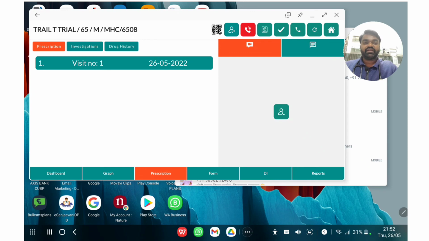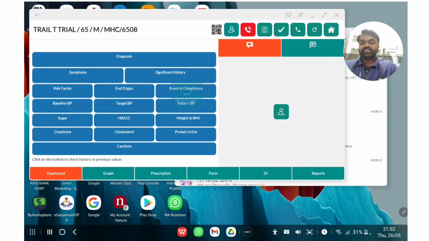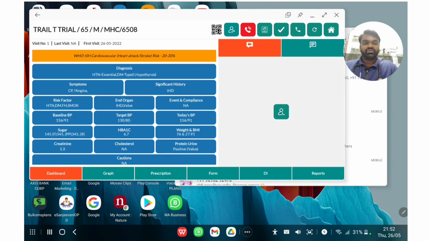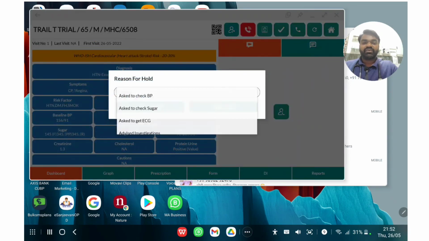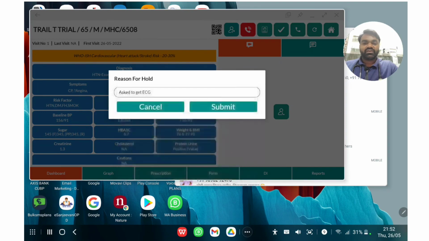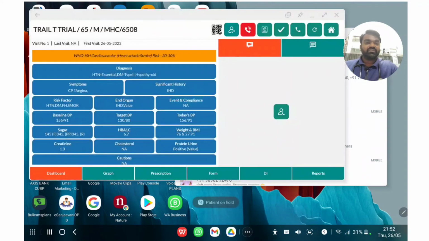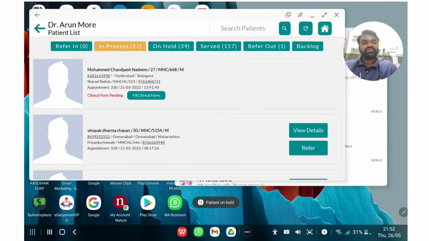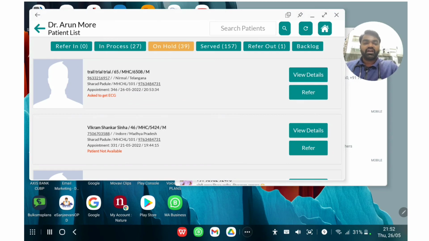So at last, let me tell you one very important thing. Suppose you are consulting the patient and you need to keep the patient on hold. You have asked the patient to go and get an ECG checked or get something done. Then you can put the patient on hold by saying ask to get ECG, and then submit it out. You can find the patient under the on hold icon.